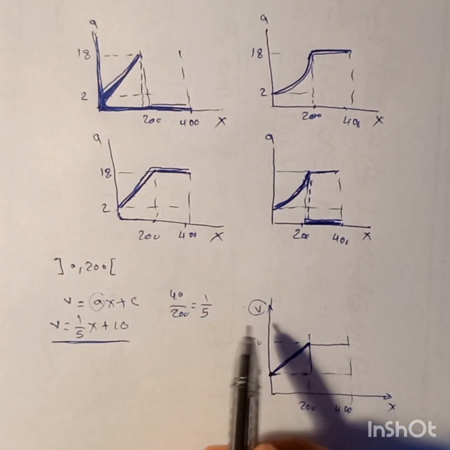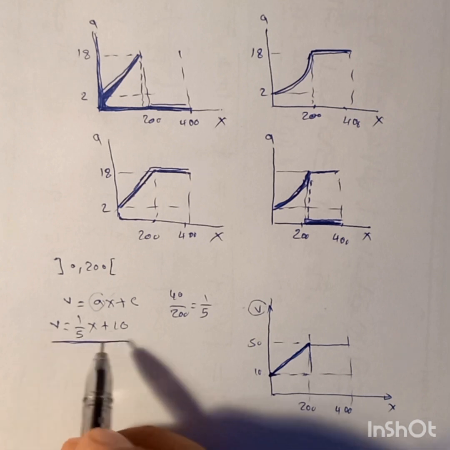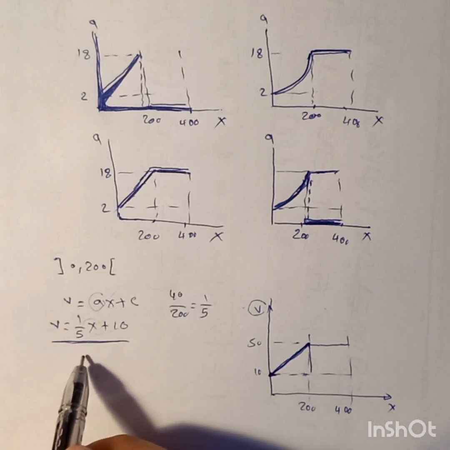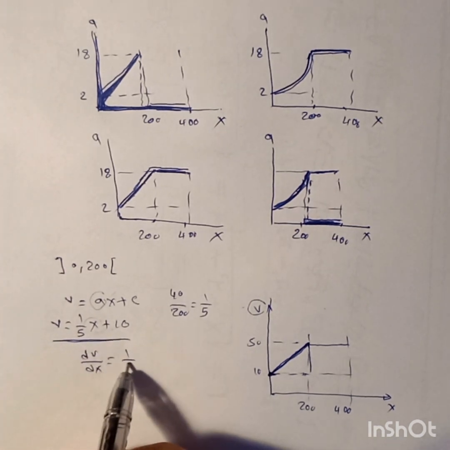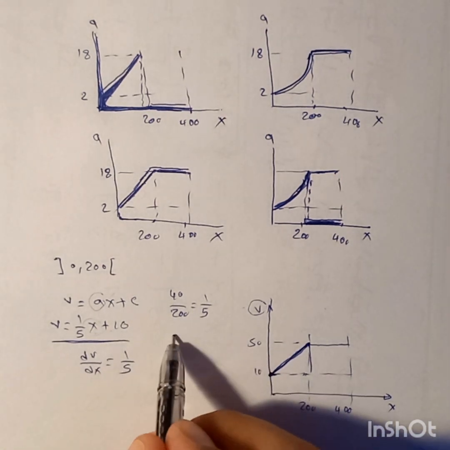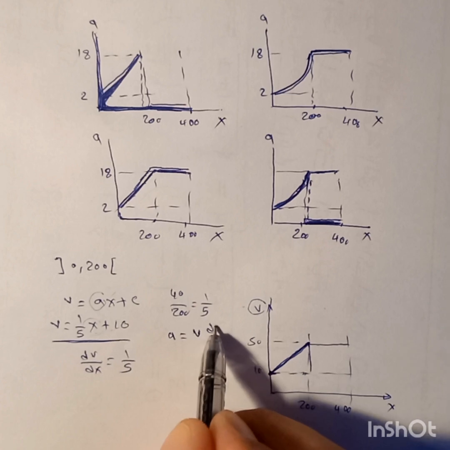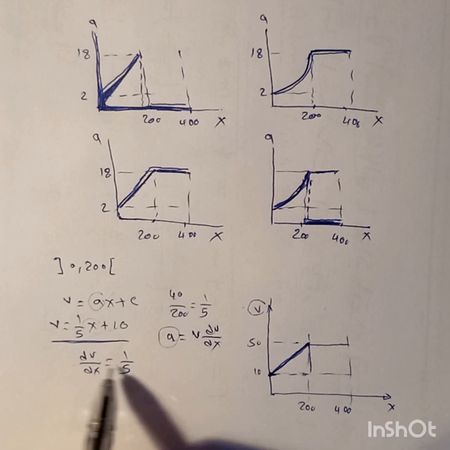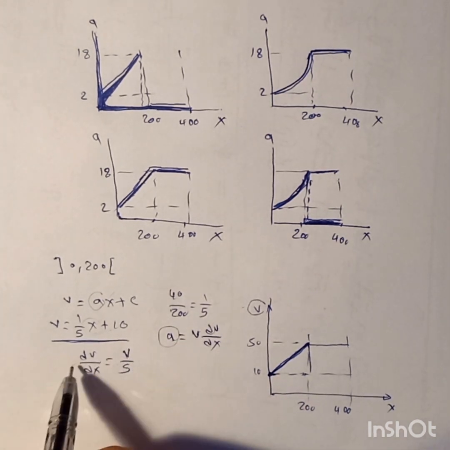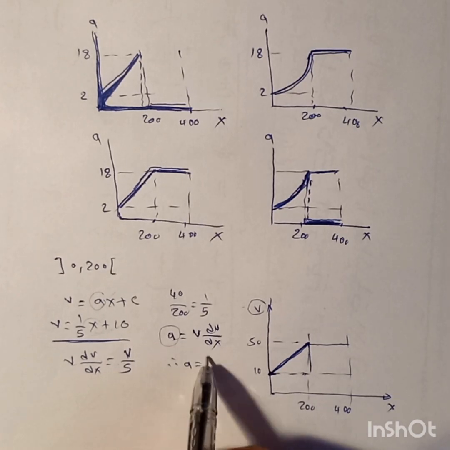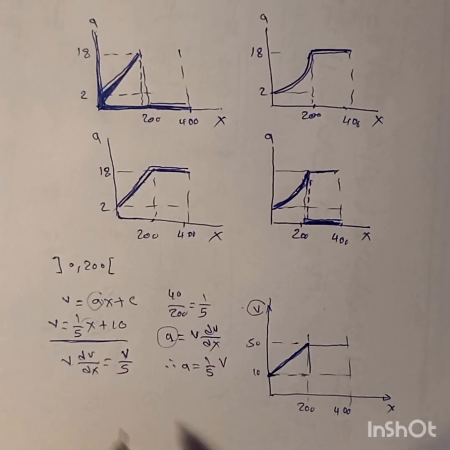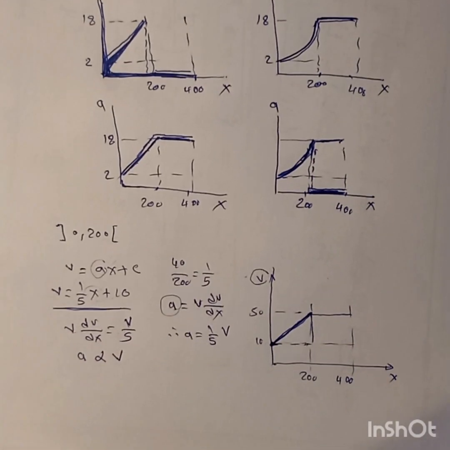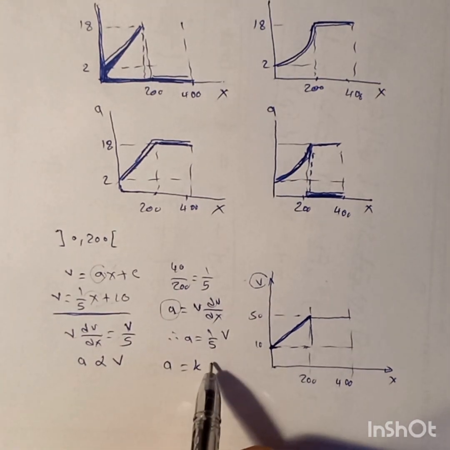If we take the first derivative of all terms with respect to x, we have dv/dx equals 1/5, and we have a relation between a and v dv/dx. Then to find a we multiply both sides by v, and a equals 1/5 times v. In other words, a is proportional to v. Then a equals a constant times v.